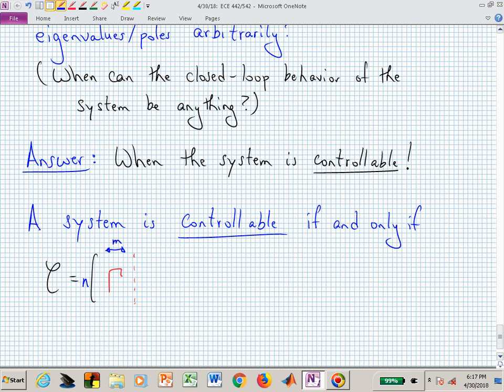But now we start packing more columns onto this. The way that we pack columns is we start combining the system matrix phi with gamma. How many columns did we just add by adding in phi gamma to this controllability matrix?